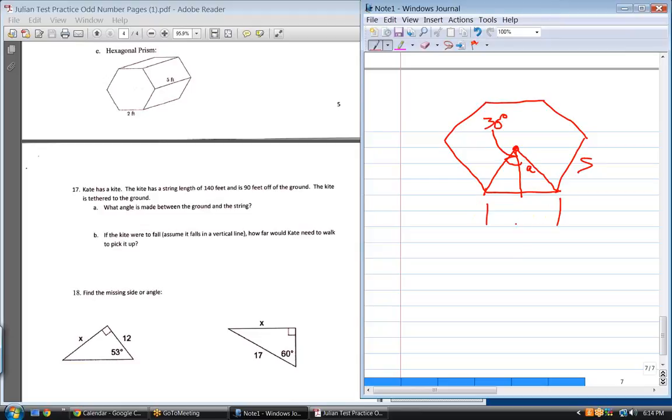We know the side is 2. So what's the distance between there and there? Wait, where and where? Side 1, and we're trying to figure out the apothem. Yeah, that's 1 right there. Okay. So now we know what we're dealing with.